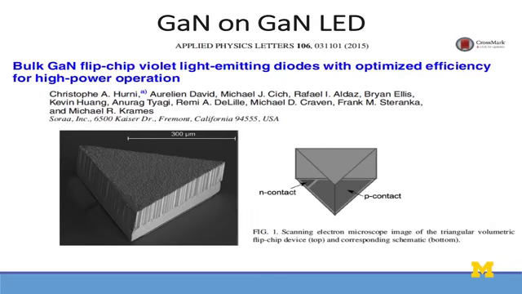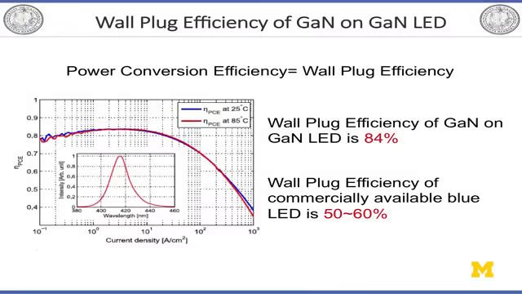Also, usually an LED chip has a rectangular shape, but our company uses a triangular shape, because the difference is much better for a venture company, in order to increase the light extraction efficiency. So basically, with our triangular shape, GaN-on-GaN violet LEDs are efficient. This is the wall plug efficiency. The wall plug efficiency is almost 80%, and the wall plug efficiency of blue LEDs, the commercially available LEDs now, is about 60%.